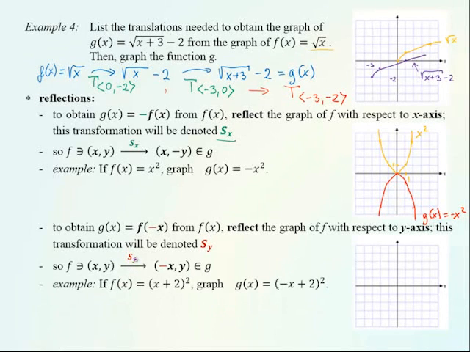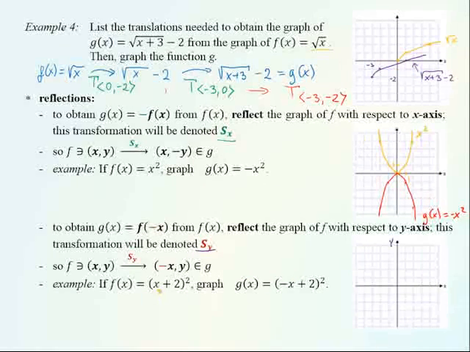Therefore, the symmetry in the y-axis causes any point x, y, for example 2, 1, if we reflect it in the y-axis, to become negative 2, 1. So what we did, we changed the first coordinate, but we keep the second coordinate. So x, y goes into negative x, y. That's a symmetry in the y-axis.